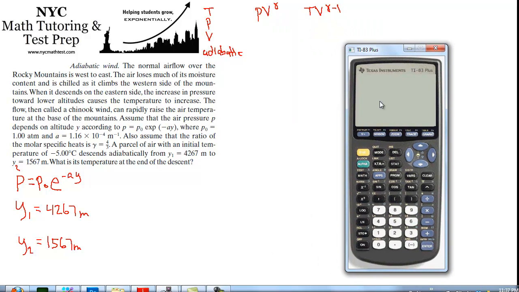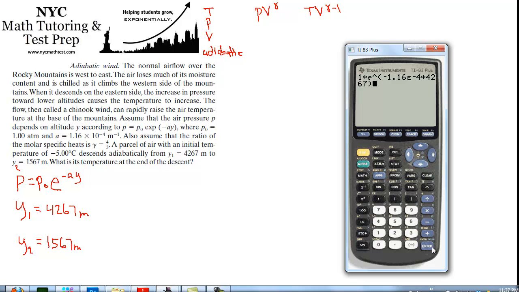So let's grab the calculator and do that before we really even get started. P0 is 1 atmosphere, so I'm just going to do 1 times, obviously it's itself, e to the negative a, so negative 1.16 times 10 to the negative 4, times the altitude, which is 4267.